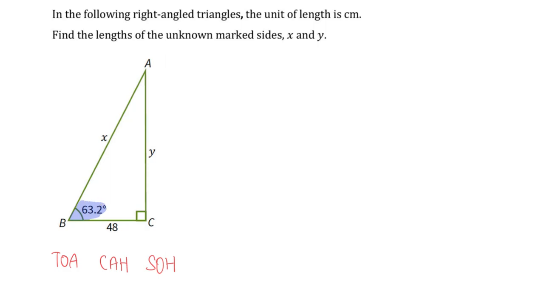So with respect to this particular angle, I'm going to identify the sides for x and 48. Okay, so this will be my hypo with respect to 63.2 degrees, and this will be my adjacent side, as hypo and adjacent side make the angle.